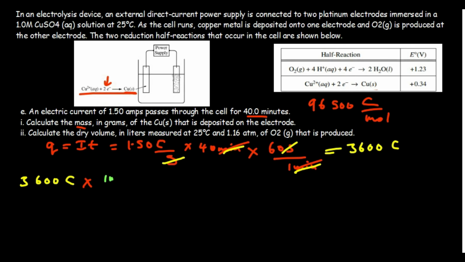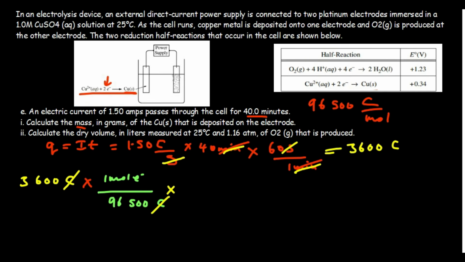So say 1 mole of electron over 96,500 coulomb. So far we can see the cancellation of the coulombs there.